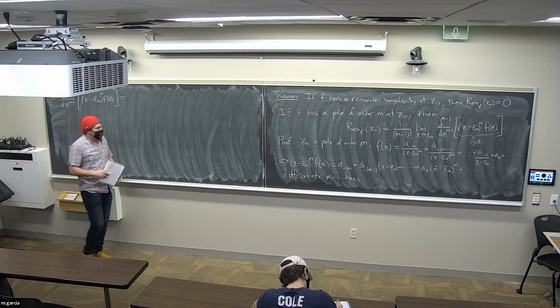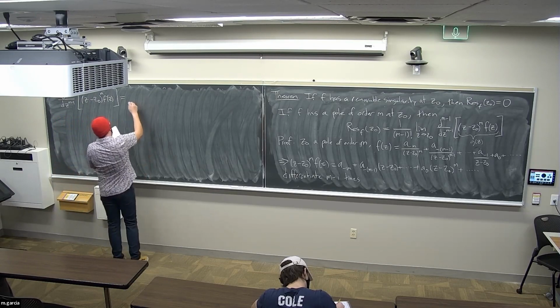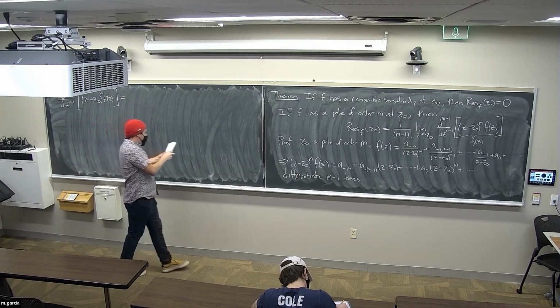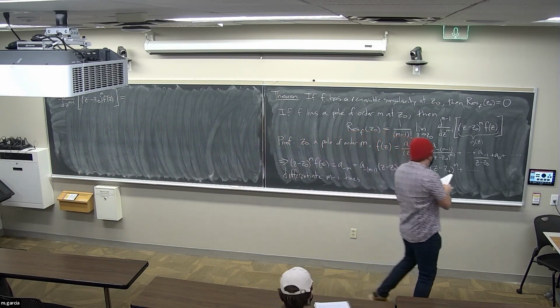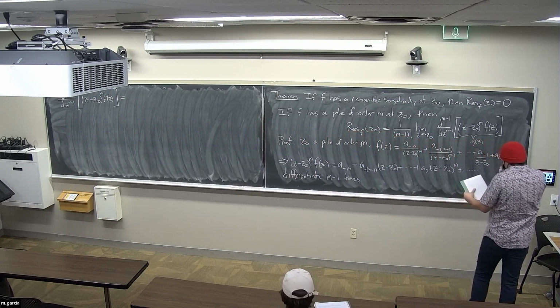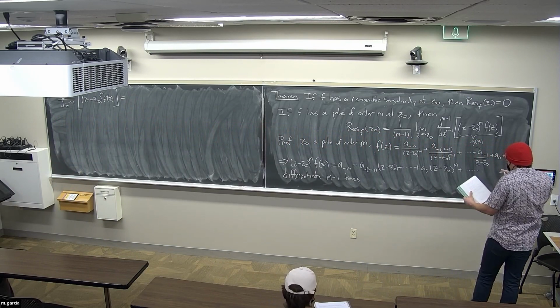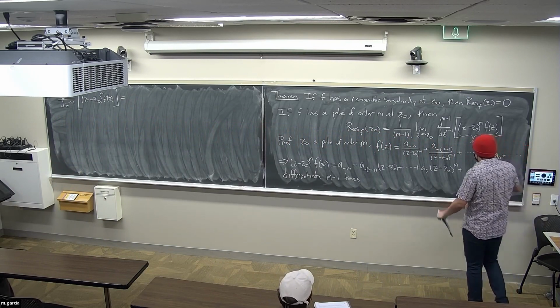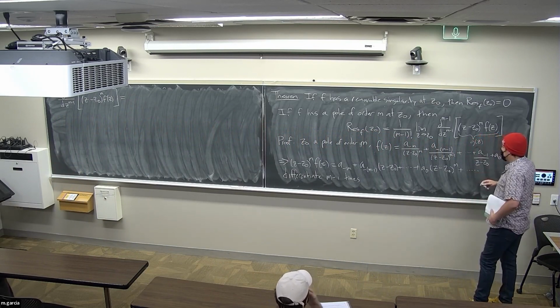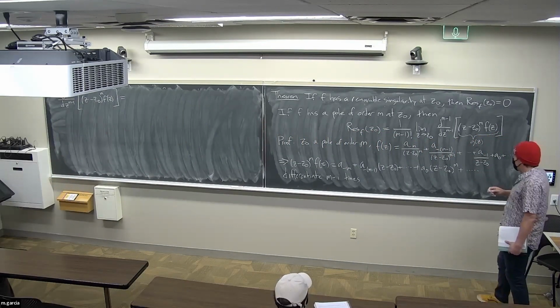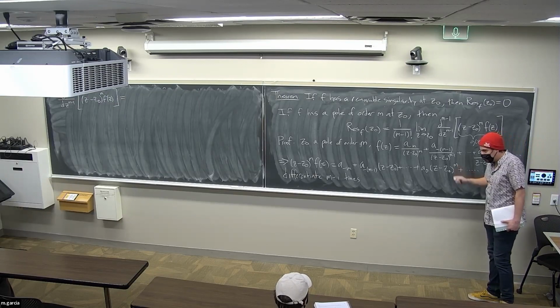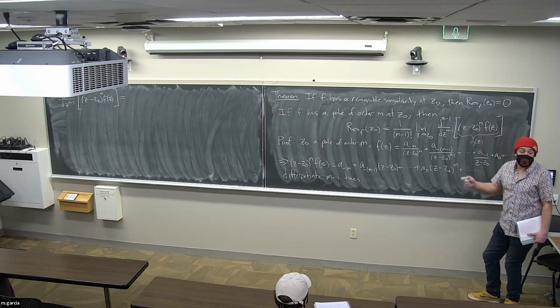So let's do exactly that. Namely, all my terms with a smaller exponent than m will go to 0, right?